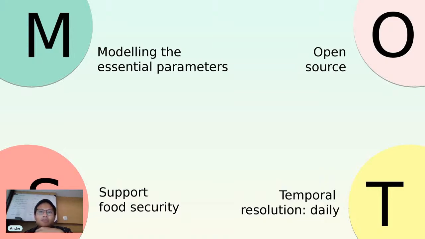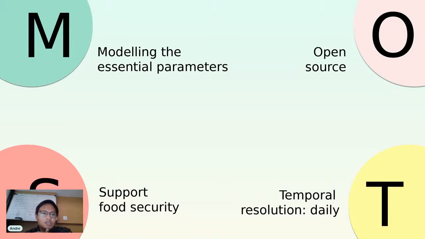The second value is open source: we use WaPOR and other open source data to generate our WebGIS, and Aquamos is freely available for users.